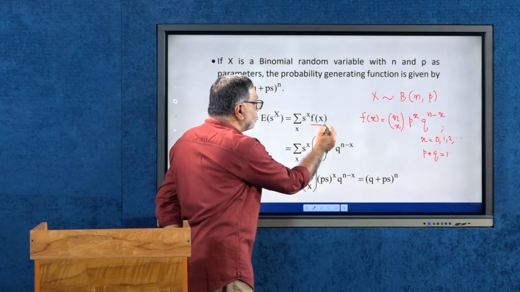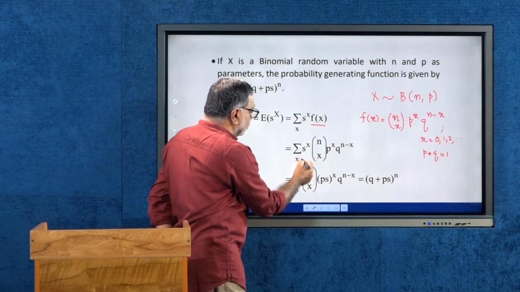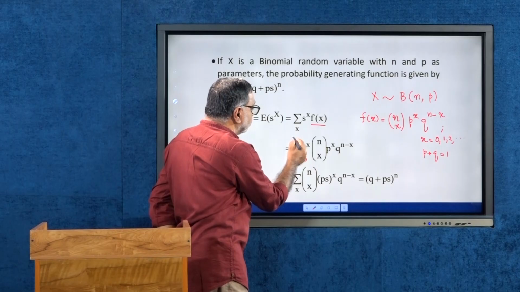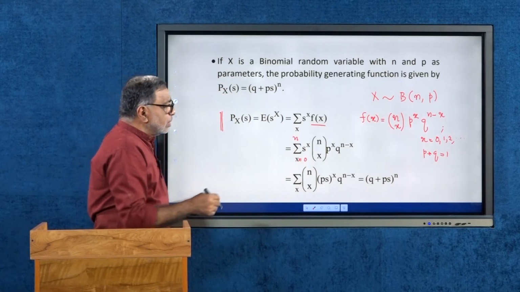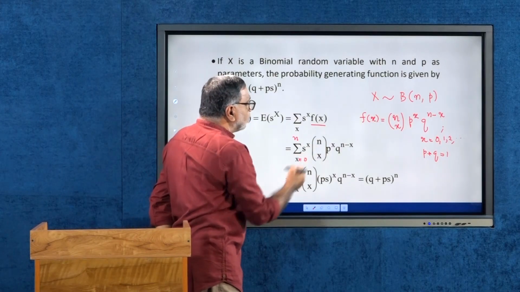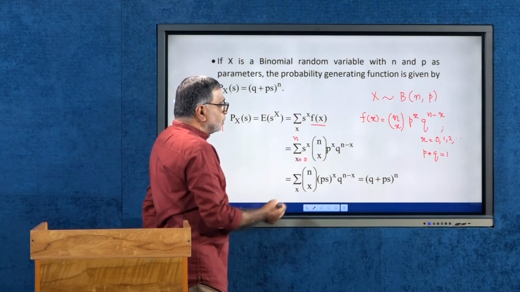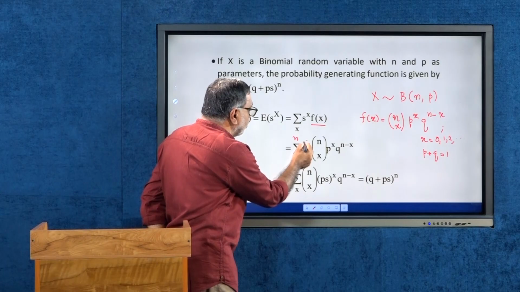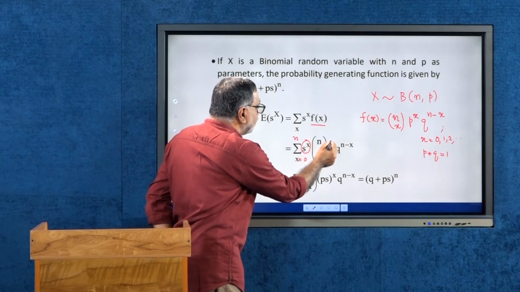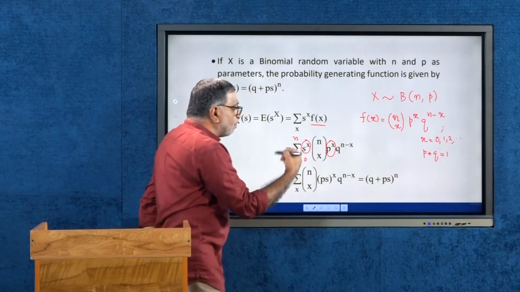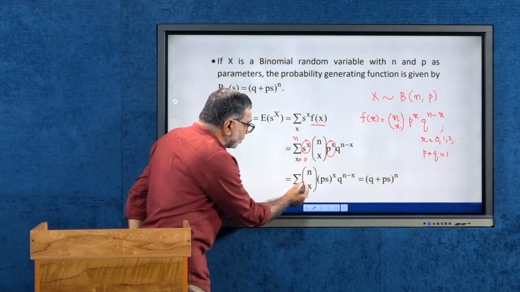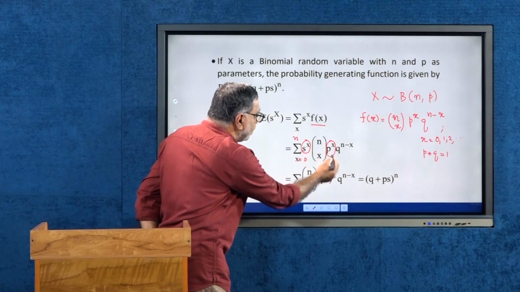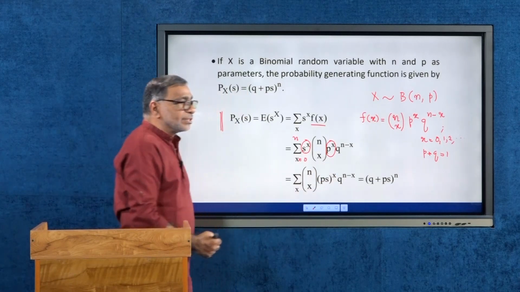Substituting the f(x) here, we have the sum over x equal to 0 to n of s power x, n C x, p power x, q power n minus x. You can see that s power x and p power x can be combined, and combining them we get the expression n C x (ps) power x q power n minus x.